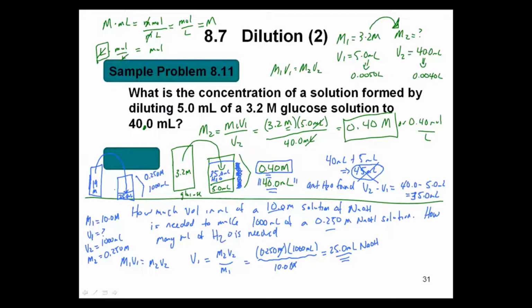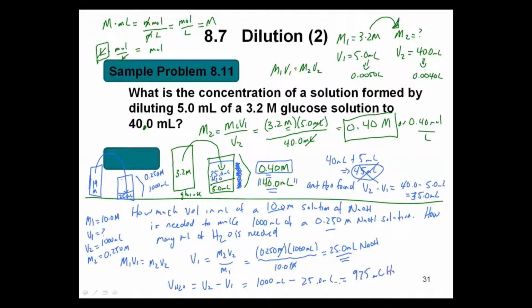So to figure out how much water we would need to put in there as well, here again, the volume of water would be our V2 minus V1, and that gives us 1,000 milliliters minus the 25 milliliters, which is our V1. And if we do that and subtract, we will get 975 milliliters of water that's also needed to be put in there.